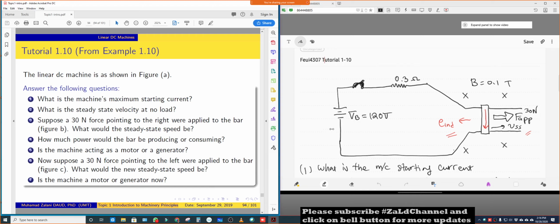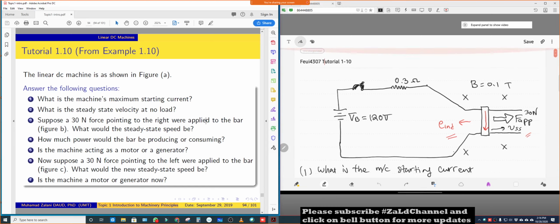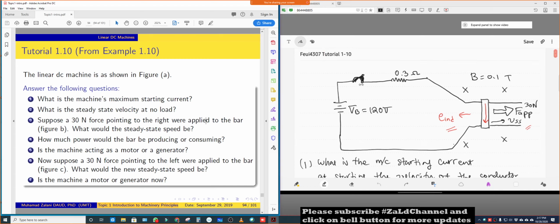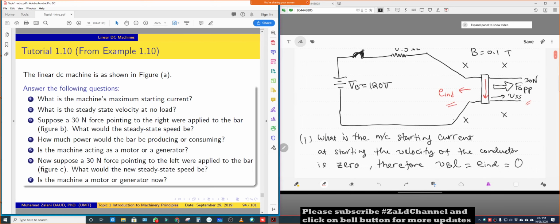At the instant we switch on the switch, a large current will be drawn by the machine, which causes this conducting bar to move to the right direction.